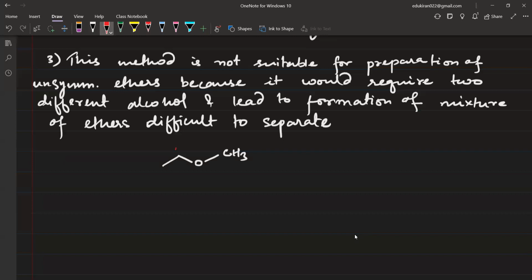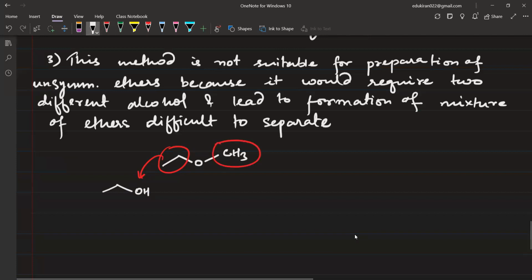Now, the 2 carbon fragment of the ether should be coming from an alcohol of 2 carbon like this. Similarly, this 1 carbon alkyl group will be coming from an alcohol of CH3OH. Everything makes sense till here?